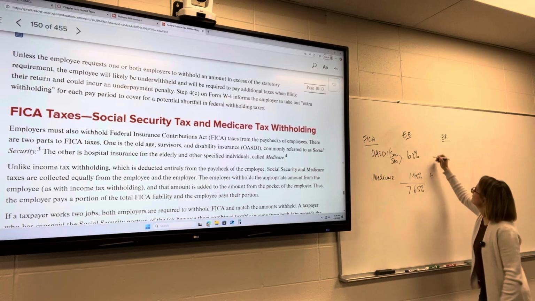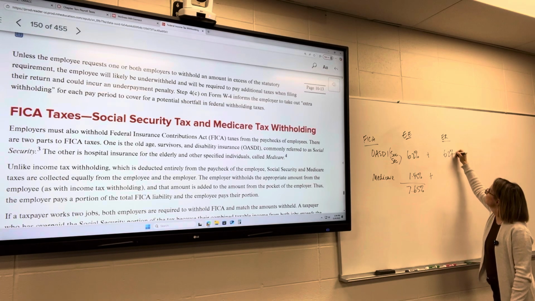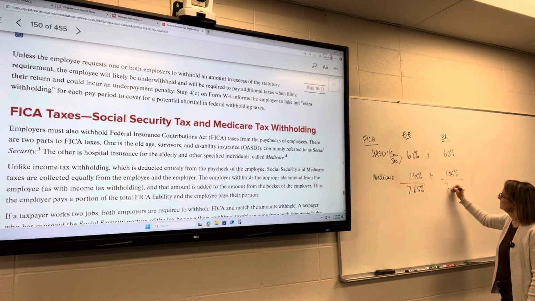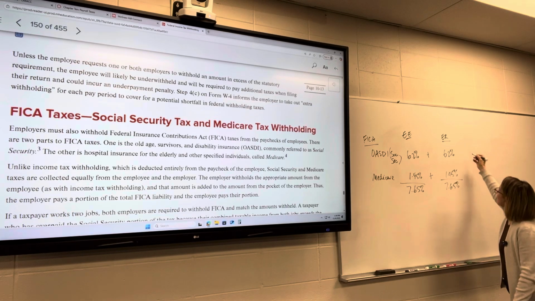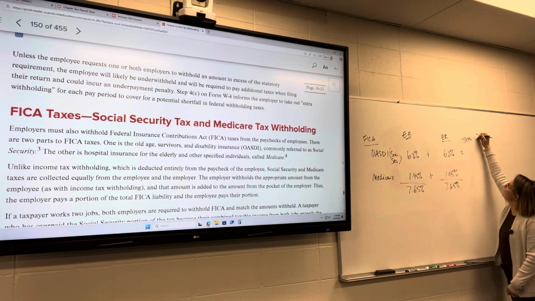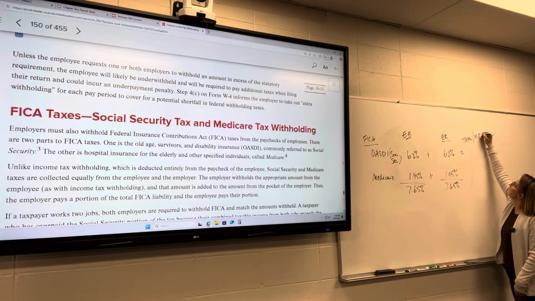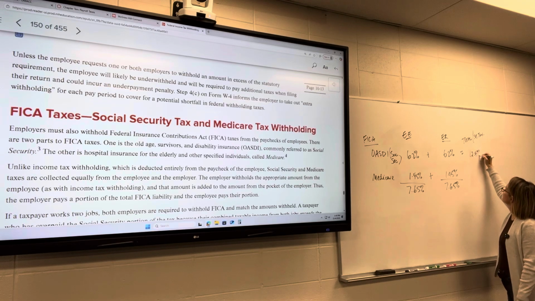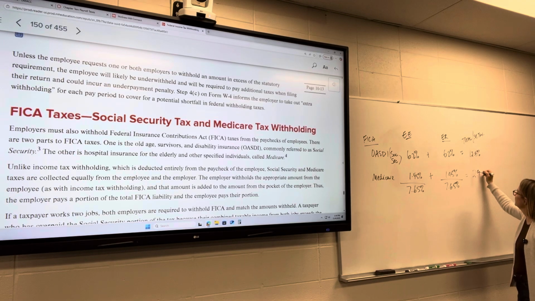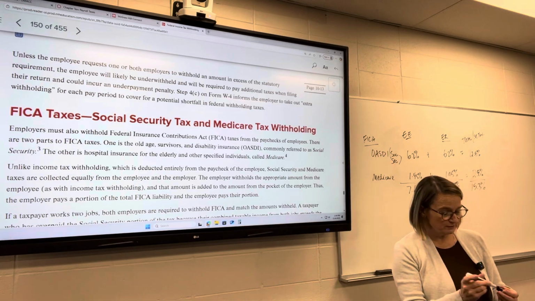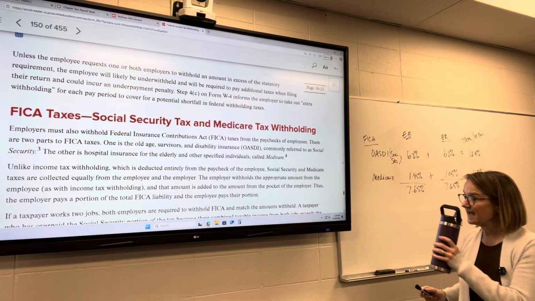Now the employer pays an equal amount, 6.2% and 1.45%, for a total of 7.65%, which means the total, which is also the self-employment tax that is calculated, 12.4%, 2.9%, for a total of 15.3%. But when you're an employee, you only have to pay half of it. The employer pays the other half of those taxes.